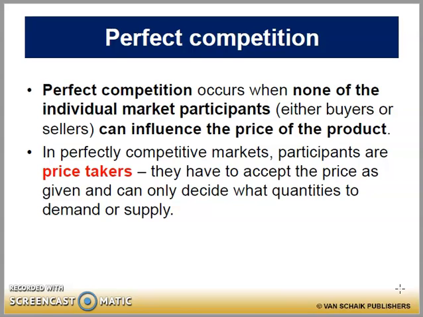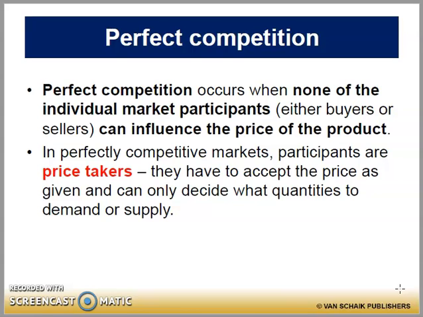You should also recall that competition occurs on each side of the market. In the goods market, the buyers compete to obtain the good, and the sellers compete to sell the good to the buyers. So perfect competition occurs where none of the individual market participants, buyers or sellers, can influence the price of the product.